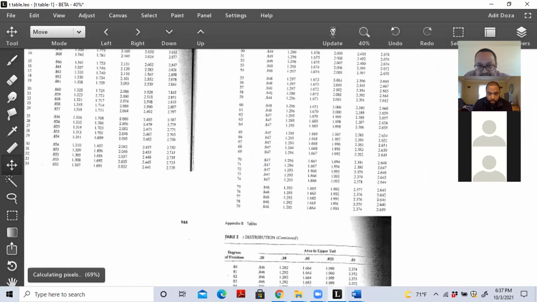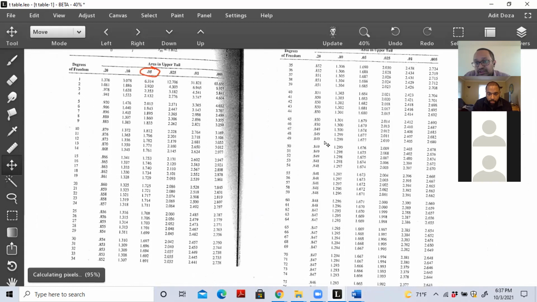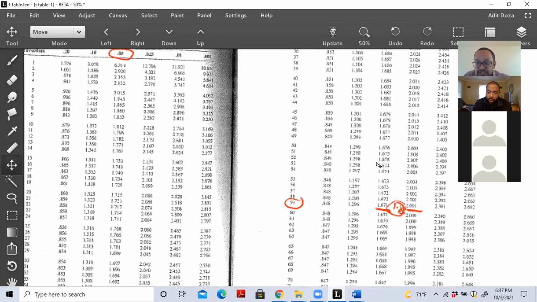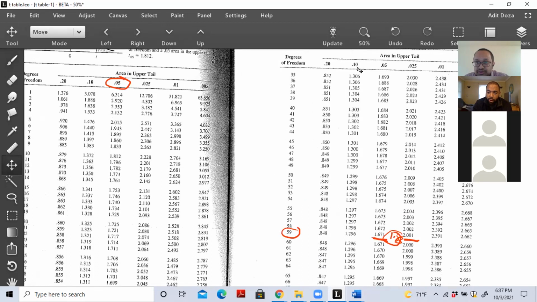So you can find the p-value. Let's say 59. This is 1.67, this is 2.01. So 1.83 is somewhere between here. So what would be the p-value in this case? The p-value would be between 0.05 and 0.025.